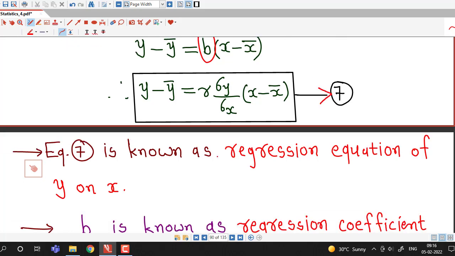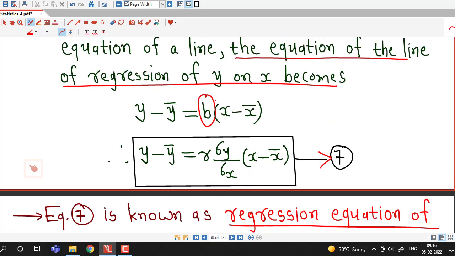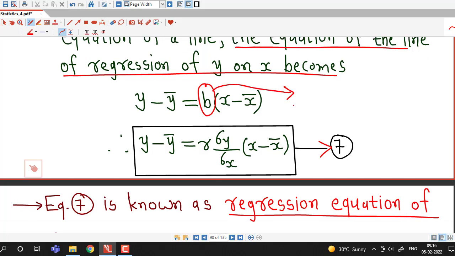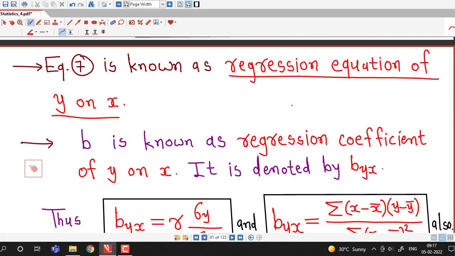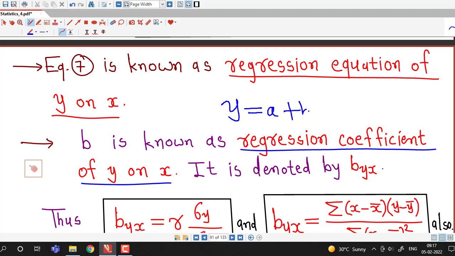So this equation number 7 is known as the regression equation of y on x. Now this slope b is given a particular name. It is known as the regression coefficient of y on x. If we have y equal to a plus bx, if we have the line of regression of y on x, then this b is known as the regression coefficient of y on x.